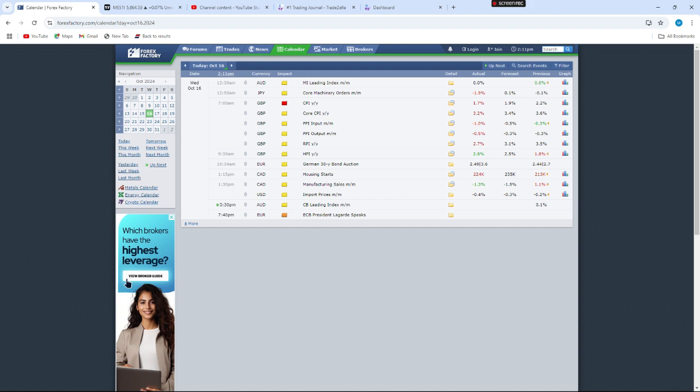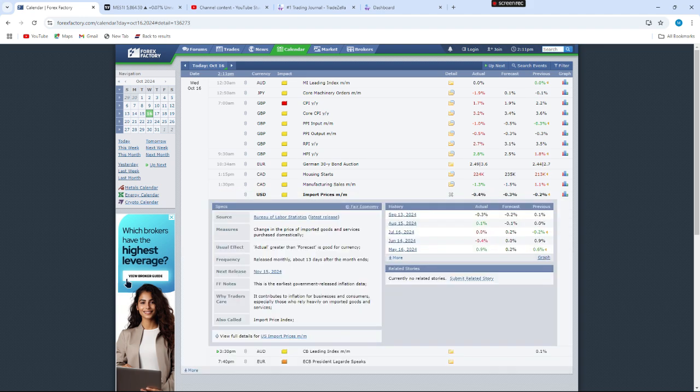If I'm not mistaken, let's have a look at this. Actual growth in the forecast. So yeah, we've got minus 0.4%, which is actually weaker. It's come out weaker than forecasted.